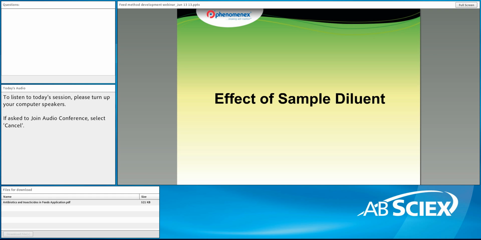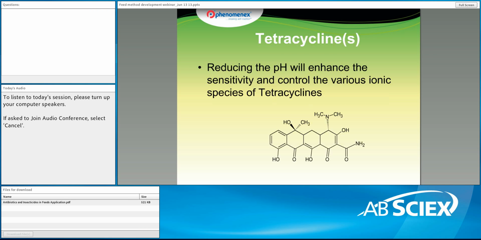The next question that came up was, in addition, can we do something to enhance the sensitivity while we have these analytes, or put something in the solvent to increase their sensitivity? We picked the tetracyclines in this case. As Kit mentioned, it seems to require a more acidic environment to have better sensitivity.